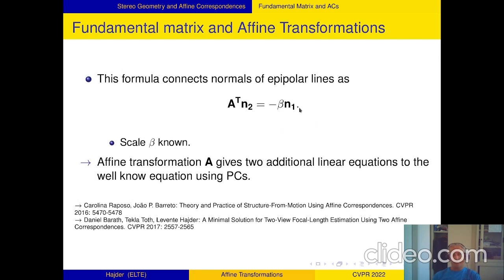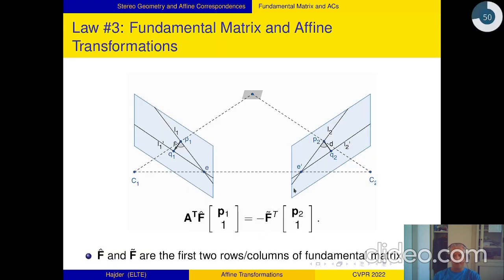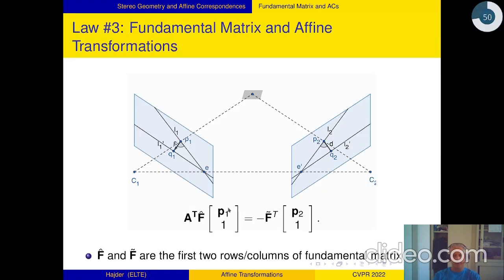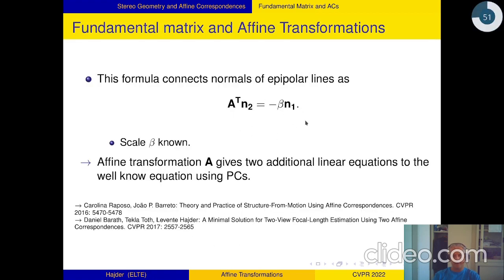In that case, the fundamental matrix is replaced by the normal vectors of the epipolar lines, and the ratio is given by a real value beta, but this beta can be computed from here. So this is another form. This equation and the previous one are totally the same, only the parameters are substituted.